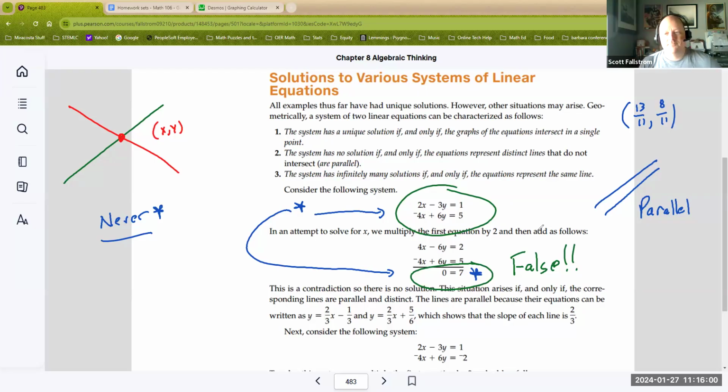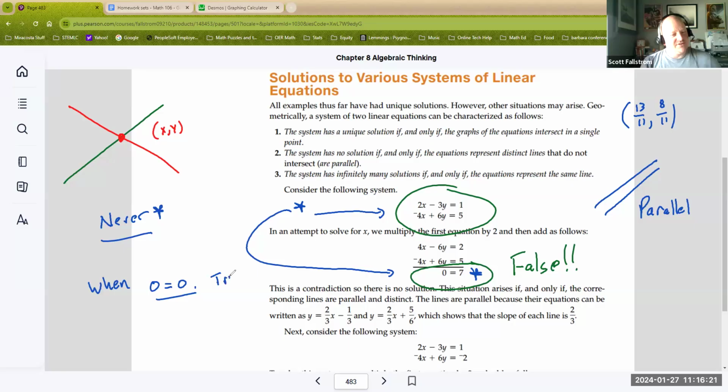Now, it's also possible for you to get down to the bottom, not 0 equals 7, but 0 equals 0. That's possible. That means the x is canceled, the y is canceled, and the number's canceled. So picture that. These two lines will intersect when 0 equals 0.